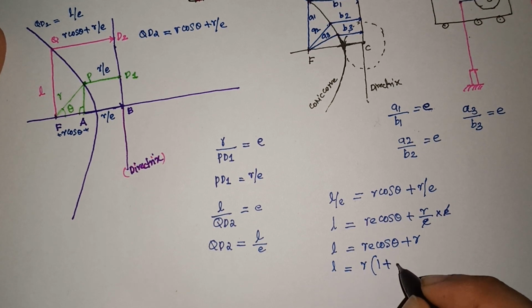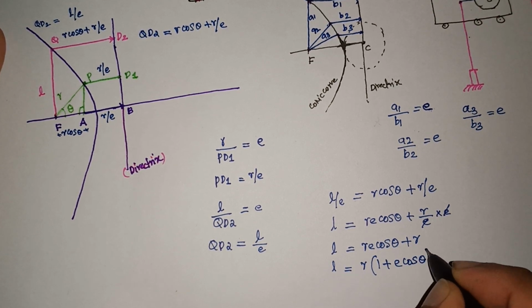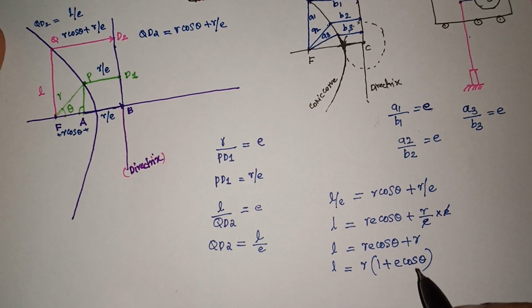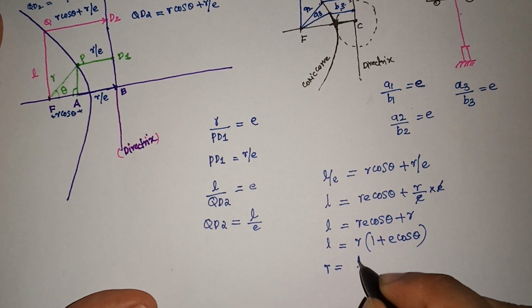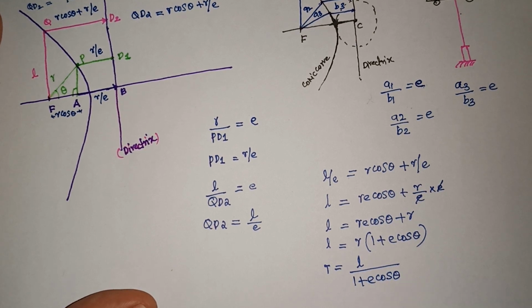So 1 plus E cos theta you can get, or E cos theta plus 1. It's one and the same. Now you end up with this equation. Your R is going to be equal to L divided by 1 plus E cos theta. So this is the basic conic equation which we have derived just now.